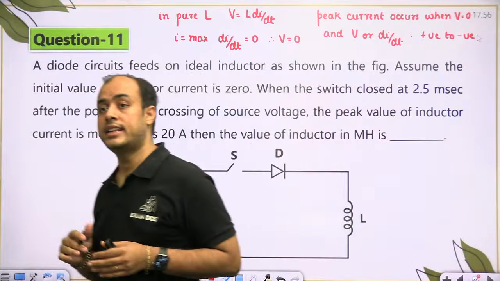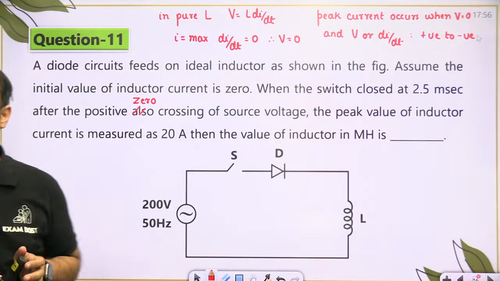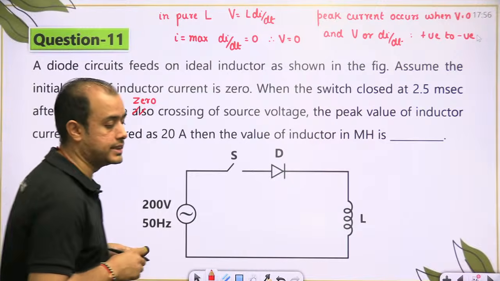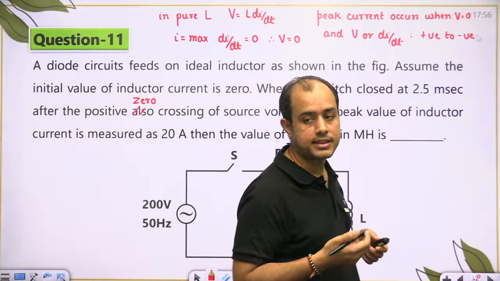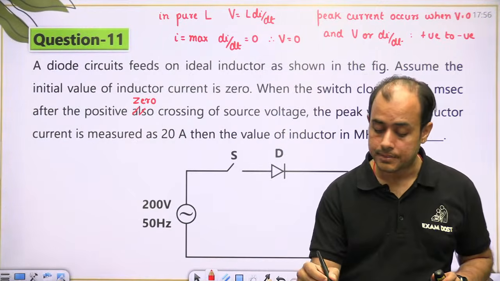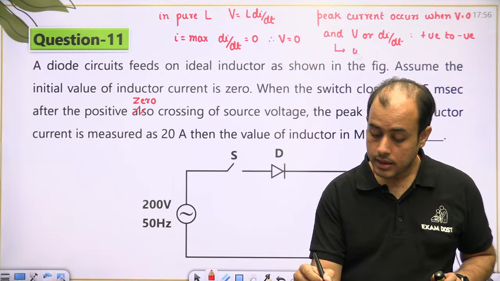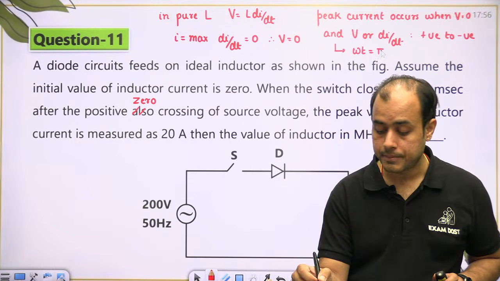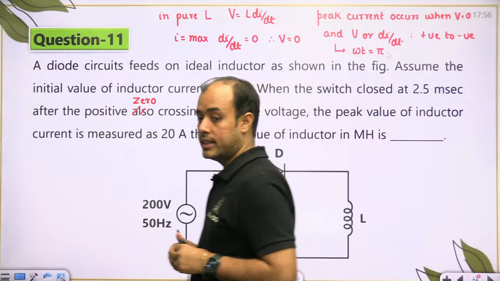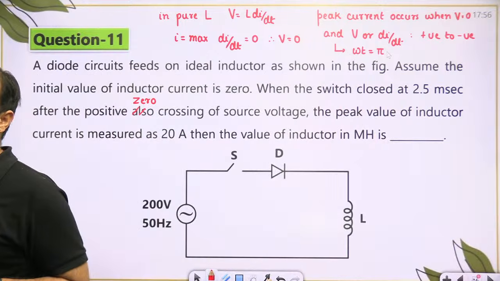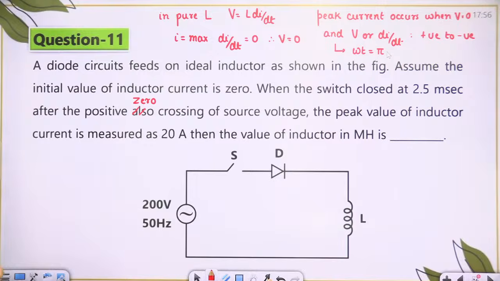If the derivative goes from positive to negative, maxima occurs. अगर डेरिवेटिव प्लस से माइनस जाए तो मैक्सिमा आएगा. And this happens at pi. So it is telling you that the maximum current is 20 at angle pi. समझे? पीक करंट कहां आएगा? जहां वोल्टेज प्लस से माइनस जाए प्योर इंडक्टर में.